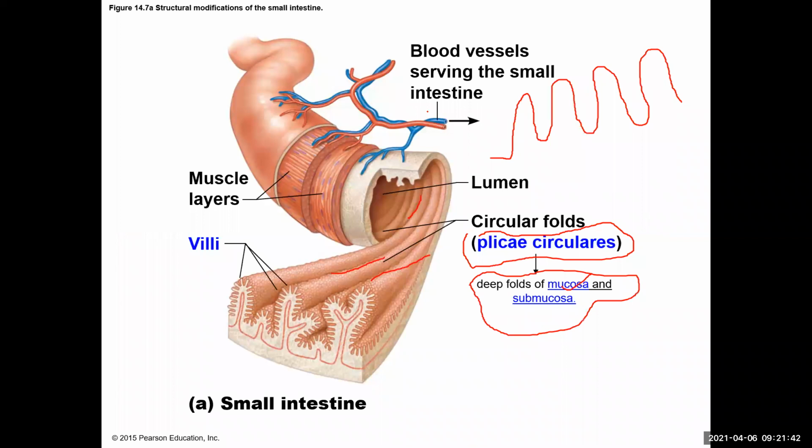If you remember rugae, they disappear, right? If your stomach is empty, rugae are there. If your stomach is filled, then rugae disappear. But remember that these folds are there forever. They don't disappear. Right? So this is their job to do. They always help in the absorption of the food. So we need them all the time.